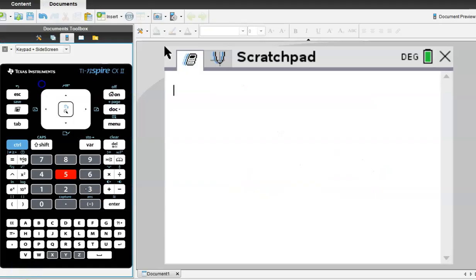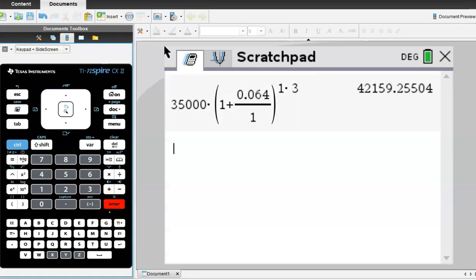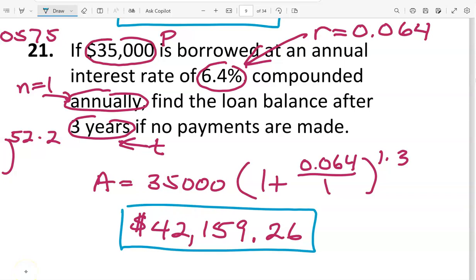Entering that into the calculator, 35,000 times open parentheses 1 plus 0.064 divided by 1, cursor to the outside of the parentheses, use the caret key for an exponent, to the 1 times 3 power, enter, and that will give us $42,159.26, rounded to the nearest penny.